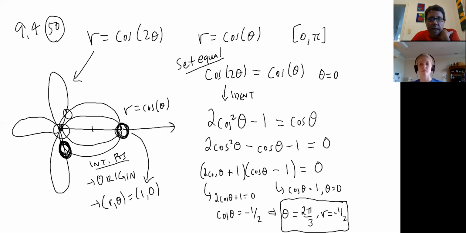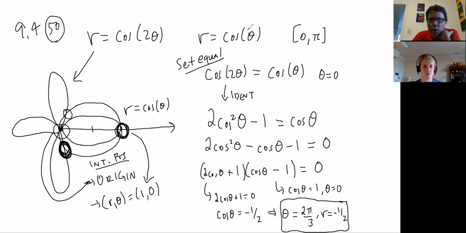If I look at my picture and figure out where they intersect, they also intersect at the origin. And that's not gotten from setting them equal to each other, because they hit the origin at different places.